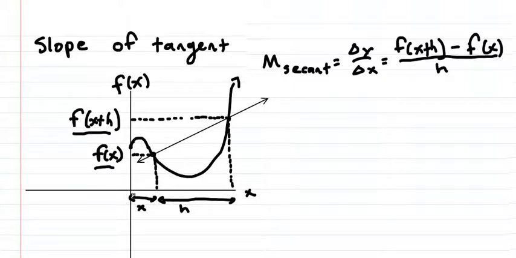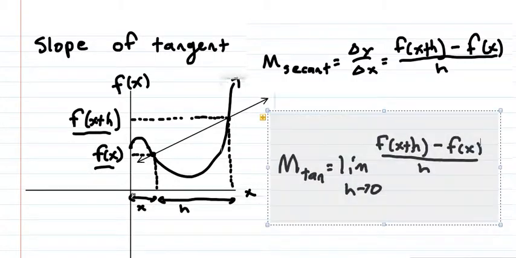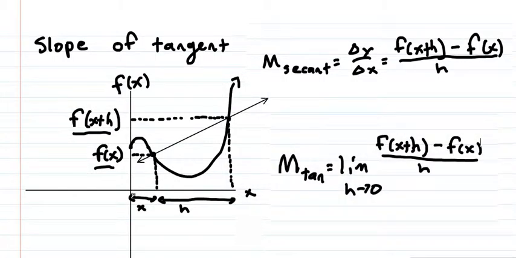So the slope of the secant is f of x plus h minus f of x all over h. So using the concept that we just saw, we can now find the slope of a tangent, which is the limit of the slope of the secant as the change in x, which in this case is h, goes to 0. So the slope of a tangent is the limit as h goes to 0 of f of x plus h minus f of x all over h.